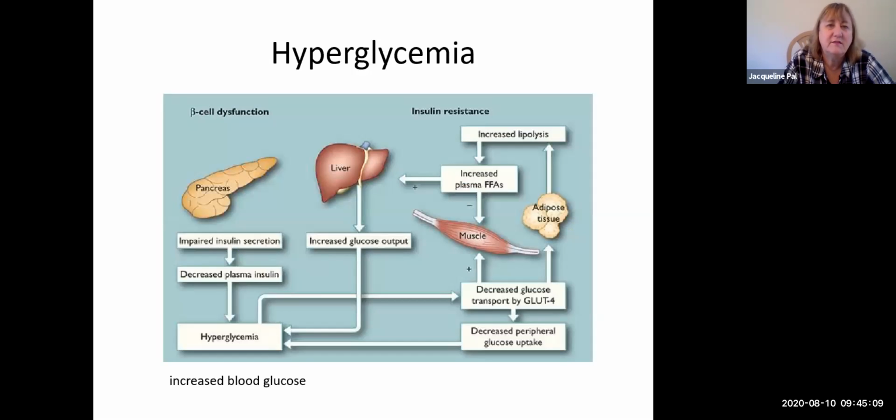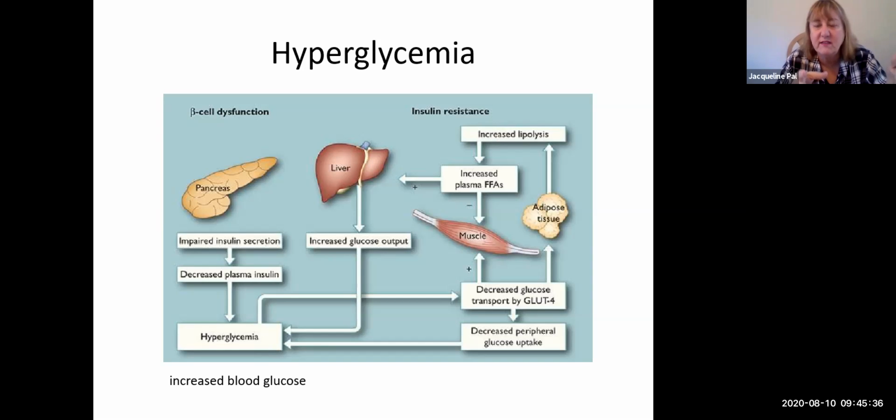All right. So what happens with high blood sugar, hyperglycemia? Well, you have beta cell dysfunction in that either you have no insulin being produced, or you have what we call impaired insulin secretion, because even though you may be kicking out massive amounts of insulin, you have insulin resistance.